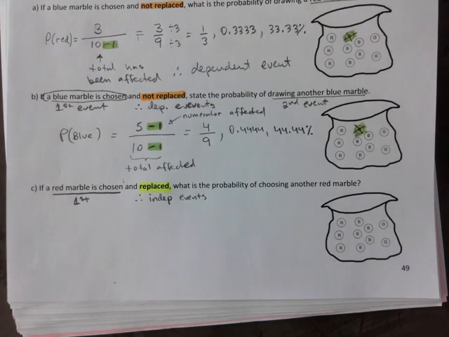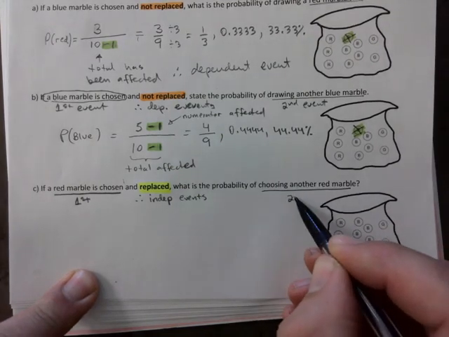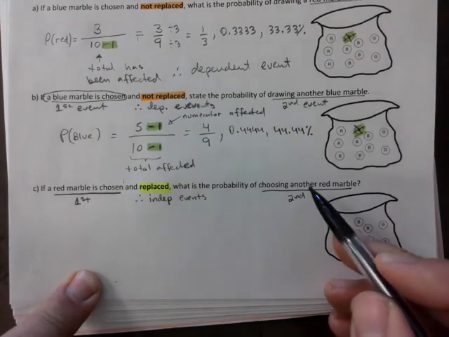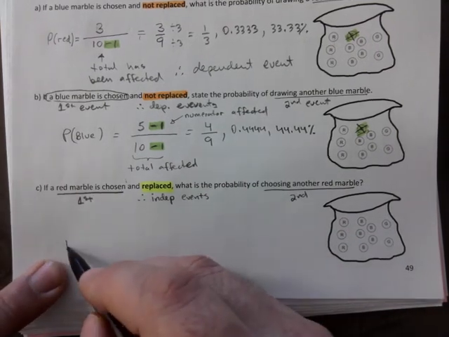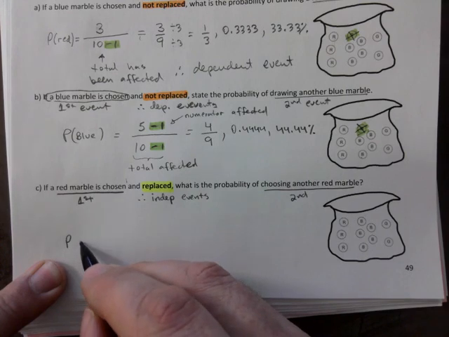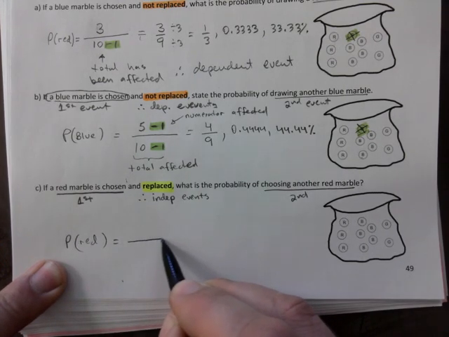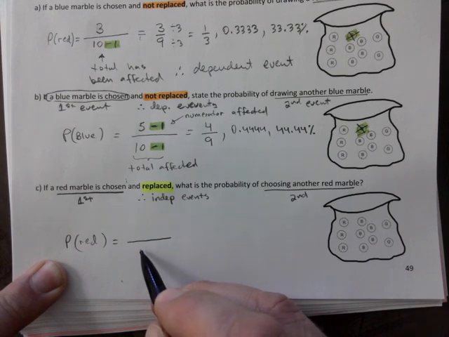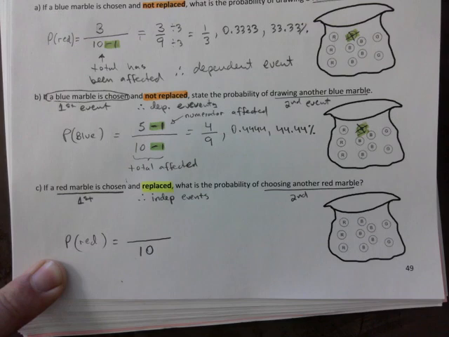Red marble chosen, replaced. What's the probability of choosing another red marble? This is your second event. This is what we're really after, but we need to know what happened before, right? So probability of red, we have 10. Nothing changed because we replaced it.